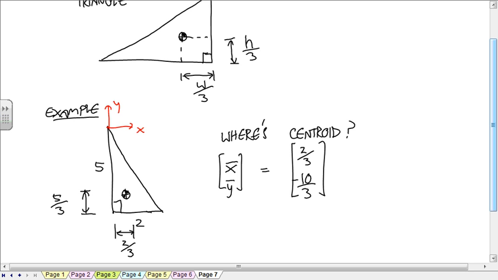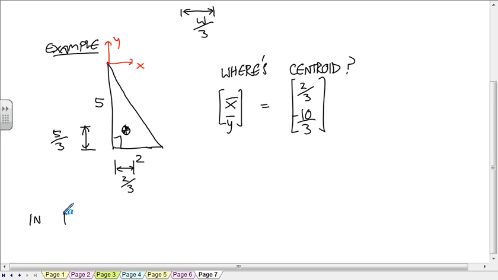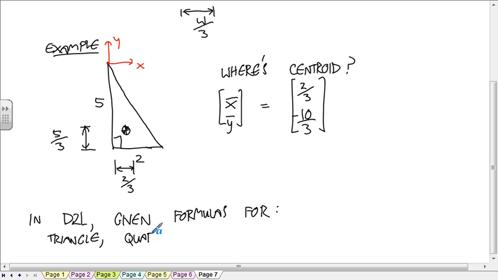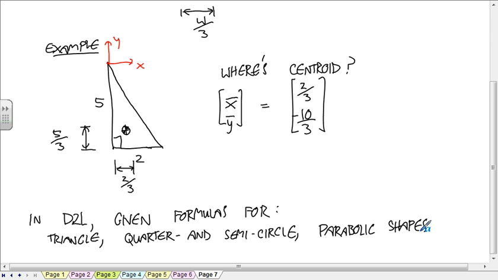Well, you know what? That triangle one I gave you in D2L, if you look under the course materials, there's a page that says centroids, and you're given formulas for a triangle, quarter circles and semicircles, parabolic shapes, and sectors of circles. Yes, these would be provided on the test.